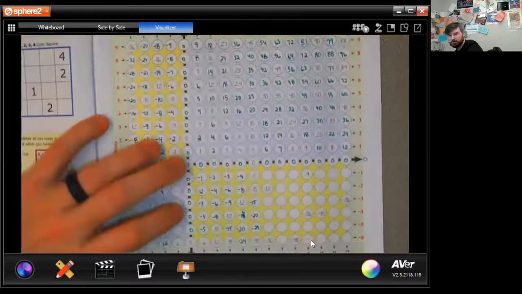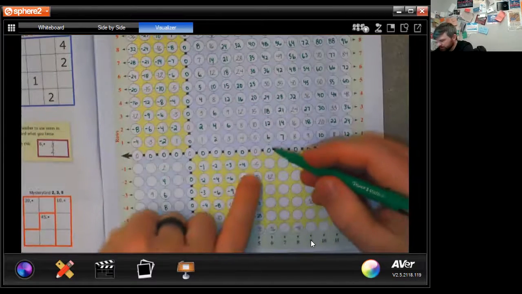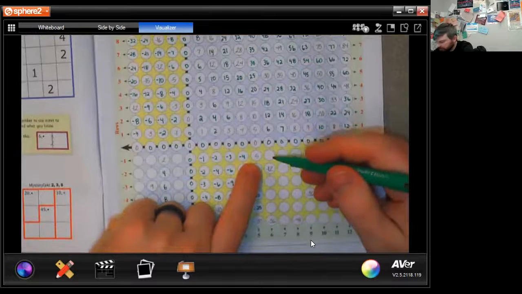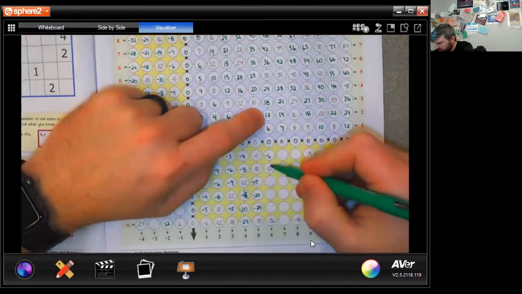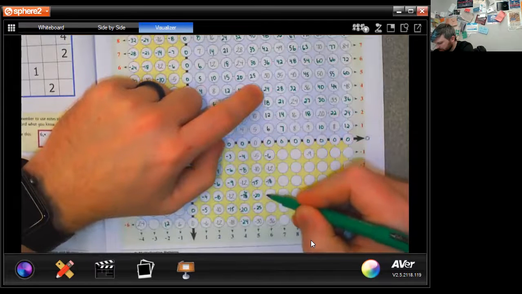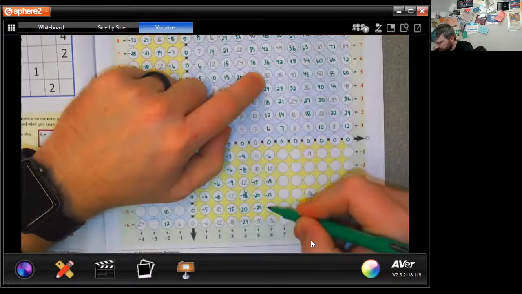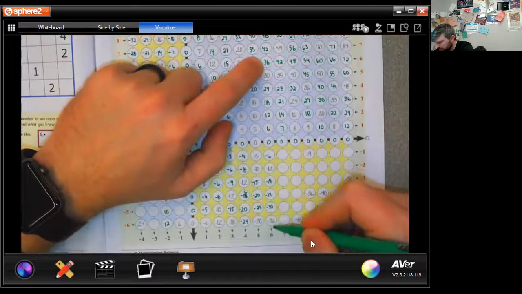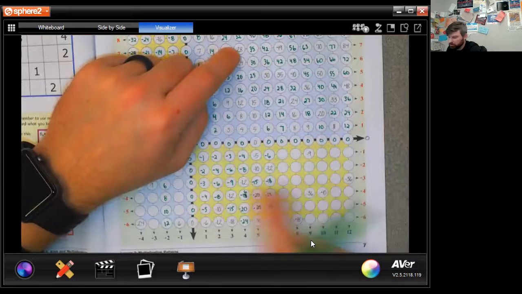Okay, and then we can do this yellow one down here. So column 6 here, we have 0, -6, -12, -18, -24, -30, and then -36. You could also go along with the rows, okay?